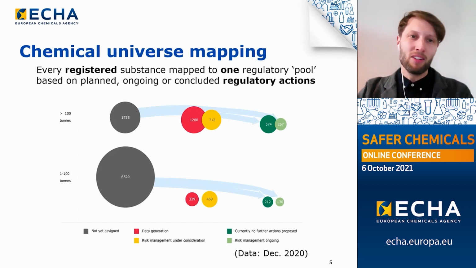Now you can imagine over time, the goal is to reduce the size of these gray bubbles, to increase our understanding of the chemicals that are registered under REACH, and to identify the proper way forward for them. And with the chemical universe, we can map this. And with the annual IRS report, we are sharing the details on how this work is done.